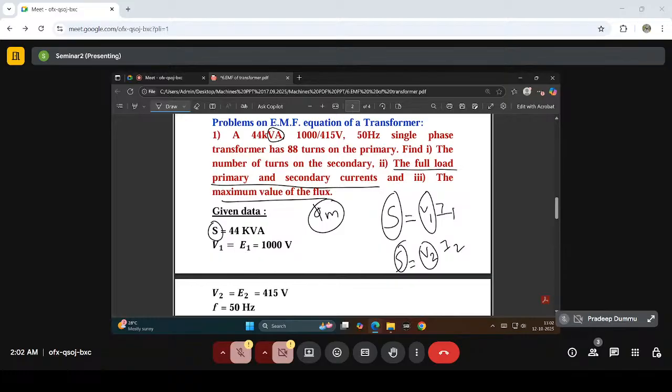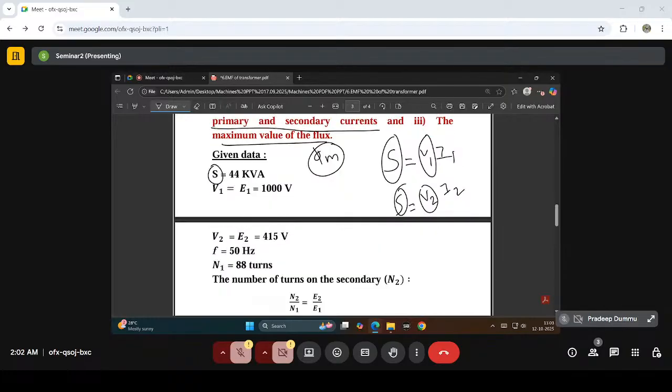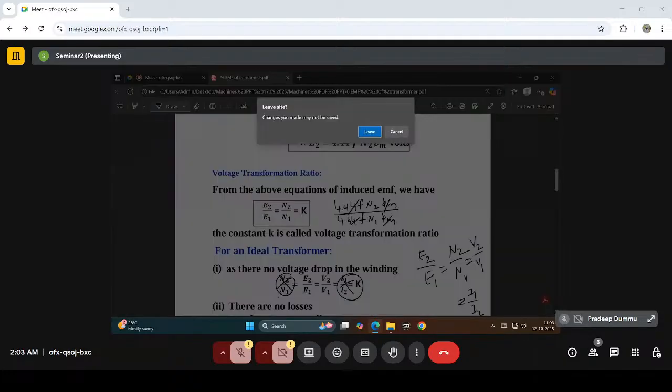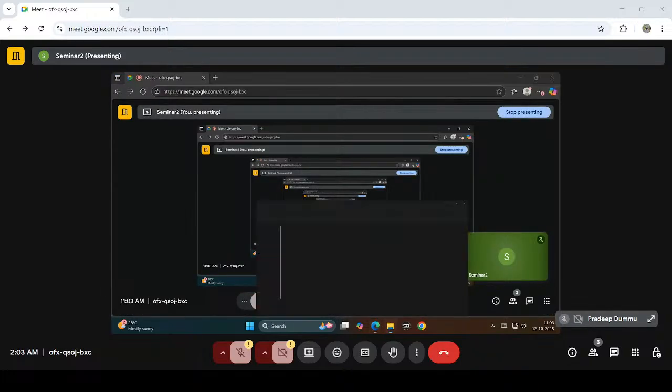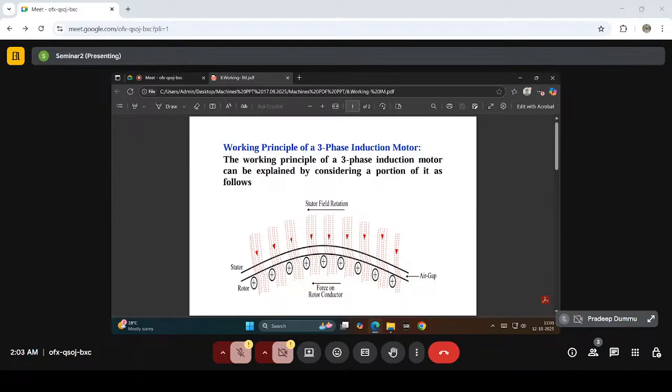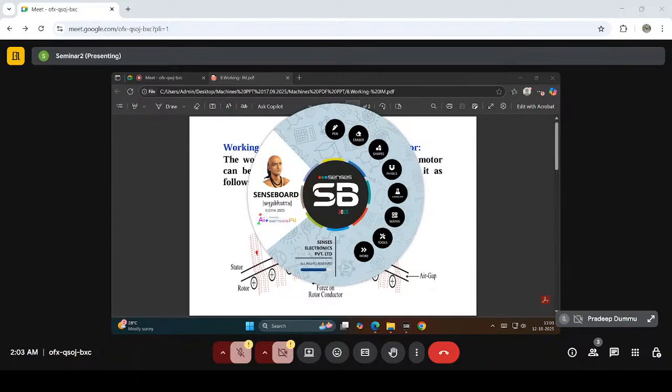E1 is equal to V1. What is the flux in Weber?